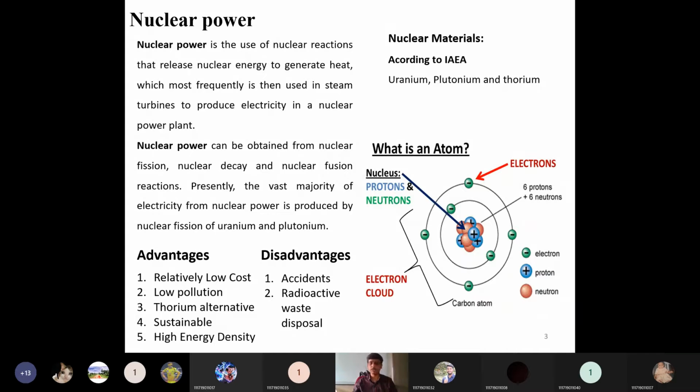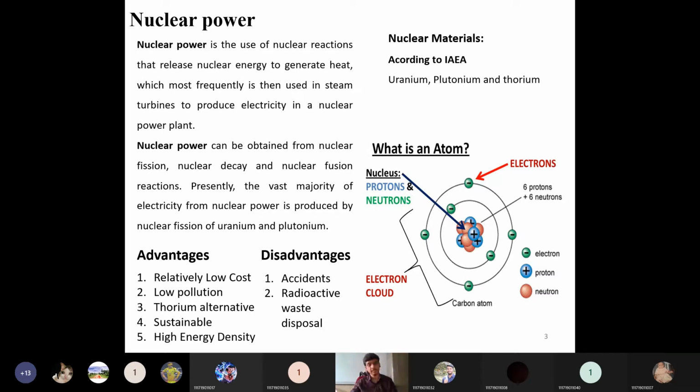With nuclear energy, a very small mass of nuclear material is enough to produce vast megawatts of energy, which makes it a sustainable energy. It is called a high energy density fuel: a small fraction of nuclear material is enough to generate a vast amount of nuclear power.